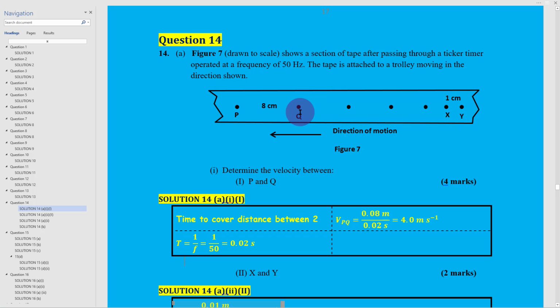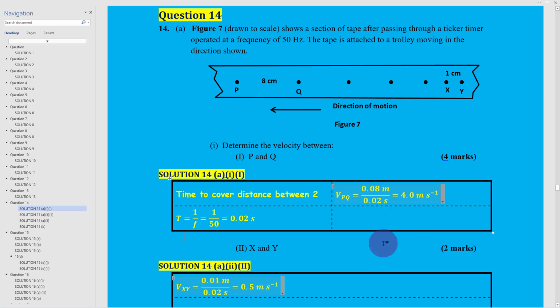Because this is the first part which went through the ticker timer, the speed we have calculated here, which is 4 meters per second, is the initial speed, while the final speed is at this point. So we've got U and we've got V. Next, we need to calculate the time taken for this speed to change from 4 meters per second to 0.5 meters per second.